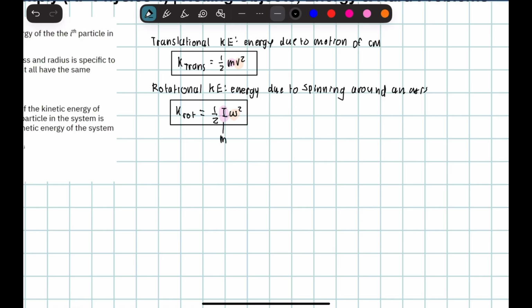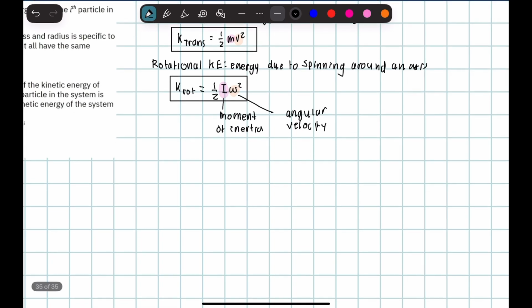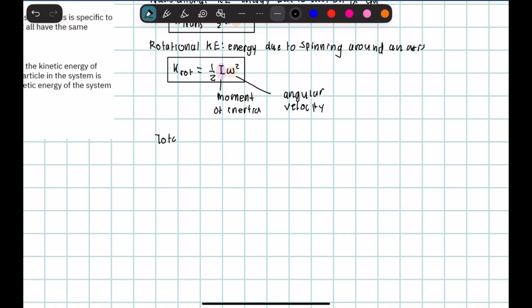Again, to re-emphasize, I is moment of inertia, and ω is just angular velocity. And remember, moment of inertia is the same as mass in translation. Now let's talk about total kinetic energy. What we need to know is that objects can have both at the same time.